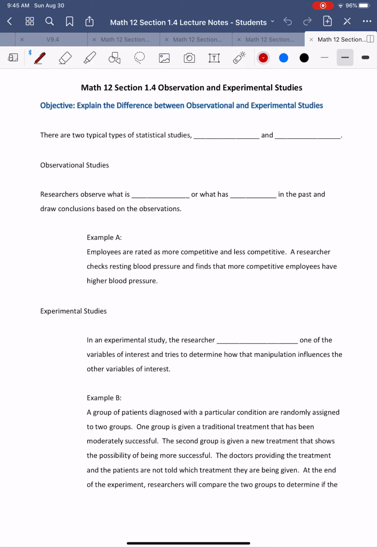There are two typical types of statistical studies. One is observational, and the other one is experimental.